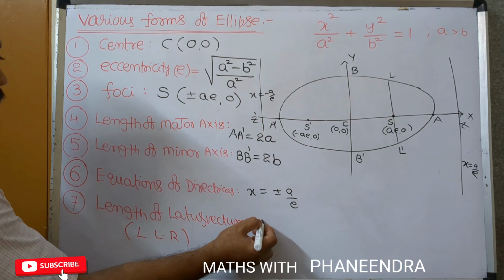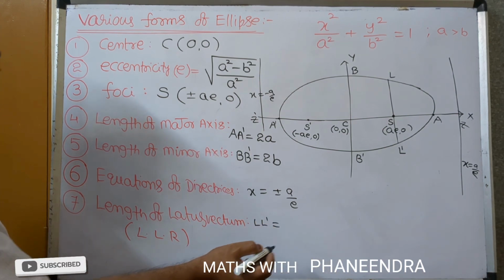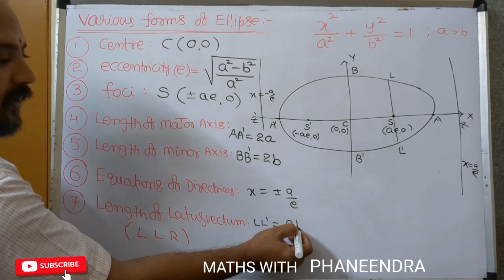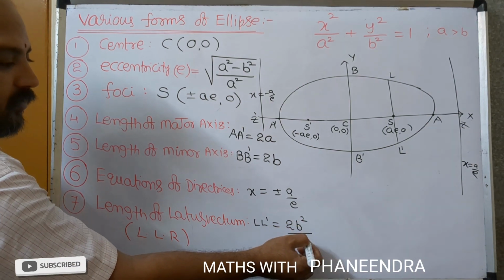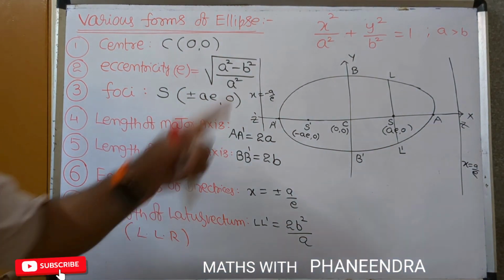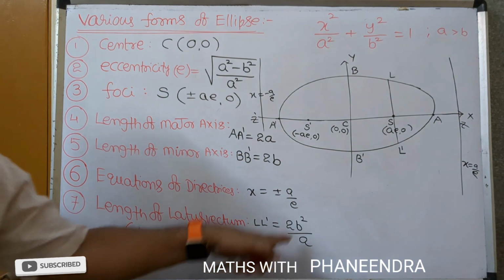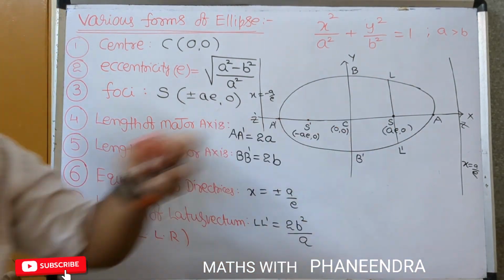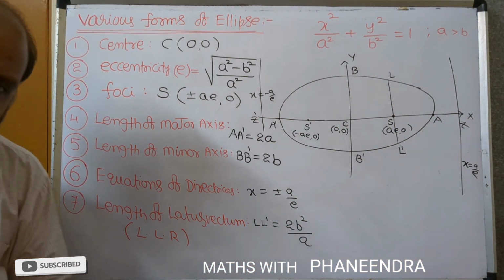The length of the latus rectum is 2b squared by a when a is greater than b, from here to here.